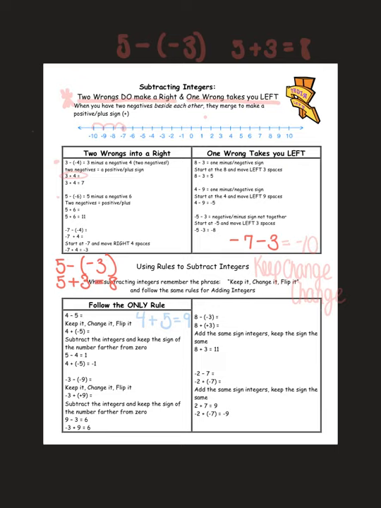Okay. The next one I have is negative 3 minus negative 9. So I'm going to keep my negative 3. I'm going to change this to an addition problem. I'm going to take the opposite of negative 9, which is positive 9.